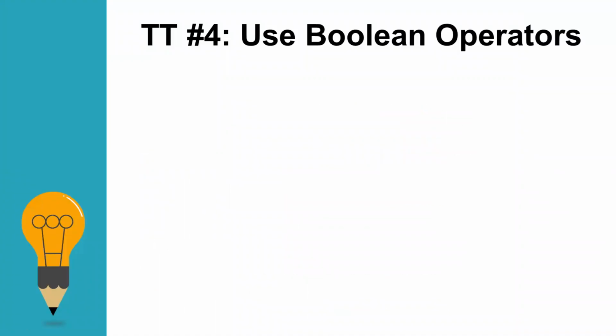So the next trick is use Boolean operators. Now, because just 5 articles may not be enough to provide me the best understanding, let us understand the use of Boolean operators.